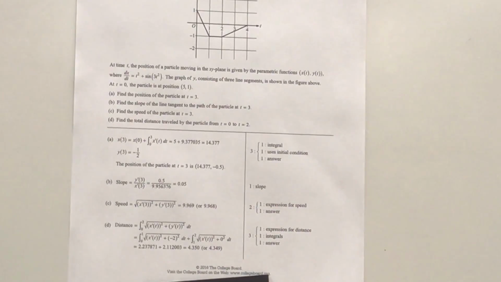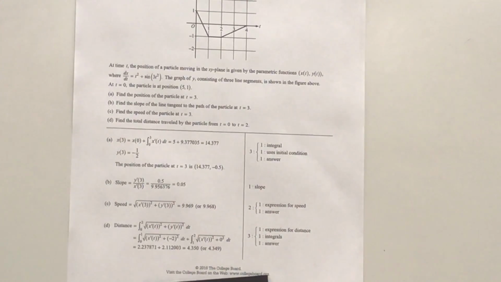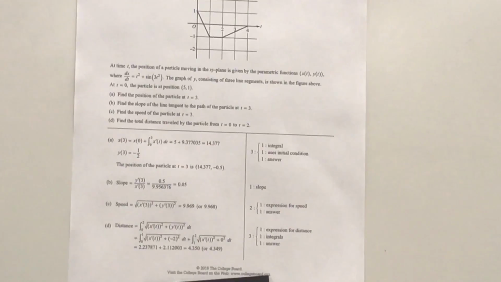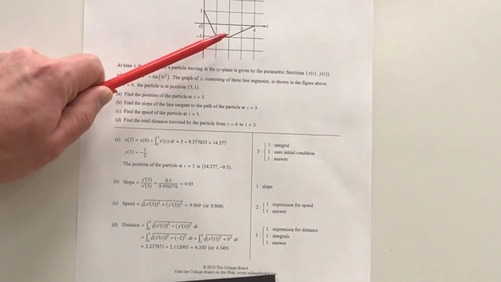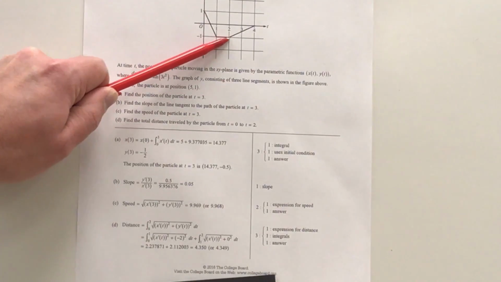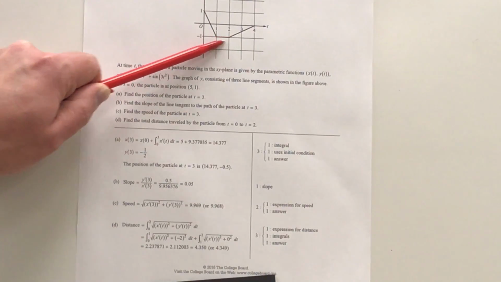Now the twist here is that because y is piecewise, dy dt is different from 0 to 1 compared to from 1 to 2. dy dt from 0 to 1 is the slope of this line segment, which is -2. dy dt between 1 and 2 is the slope here, which is 0.